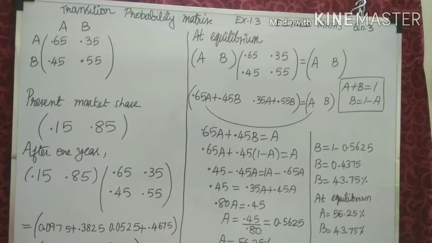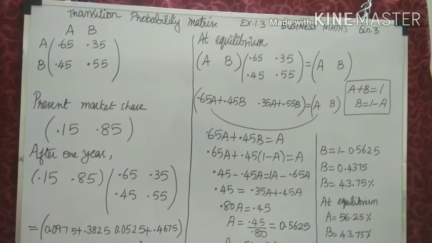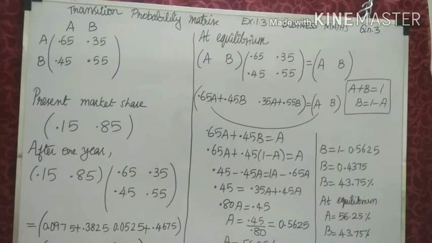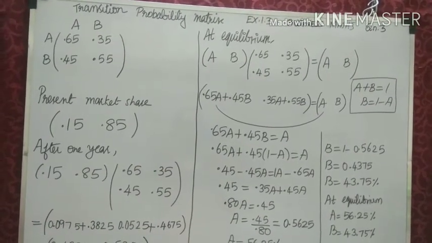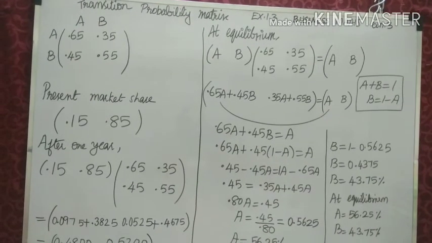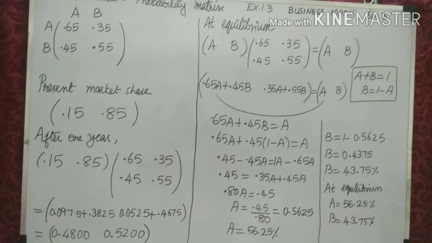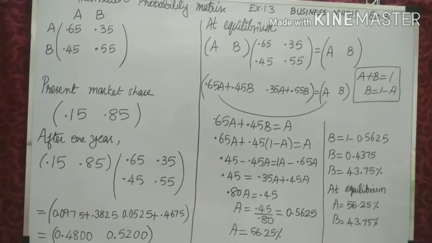So we see the entire sketch of the problem. The first line we write transition probability matrix consisting of AB. The second line is present market share. We multiply both to get after 1 year and my answer is 48% and 52%.